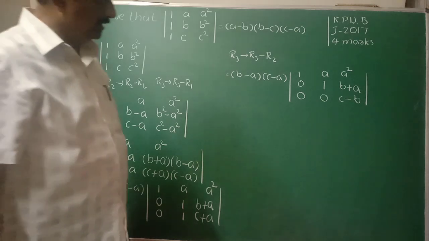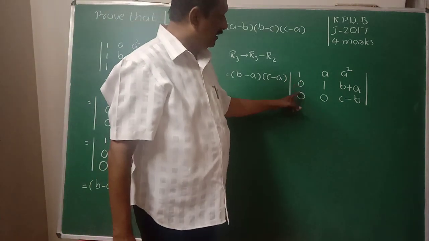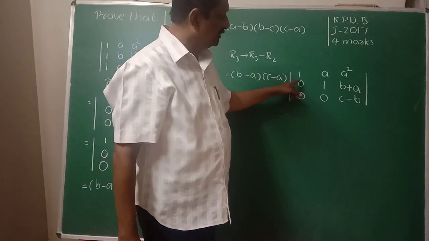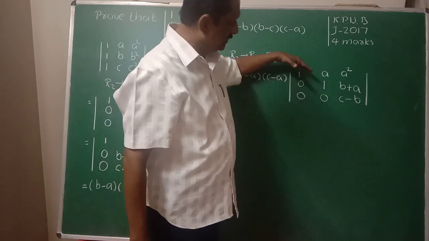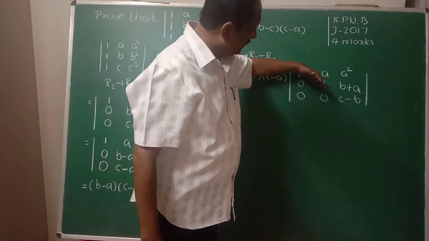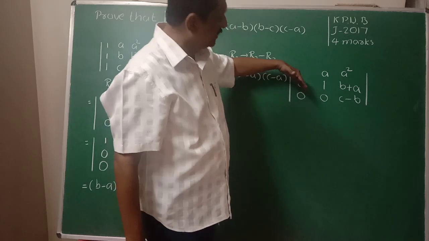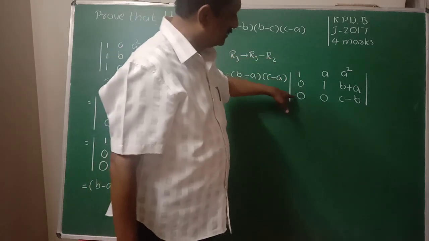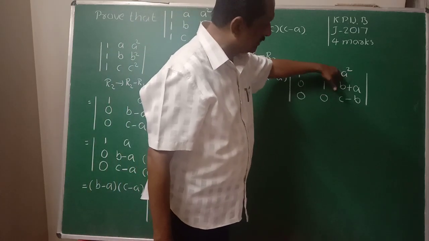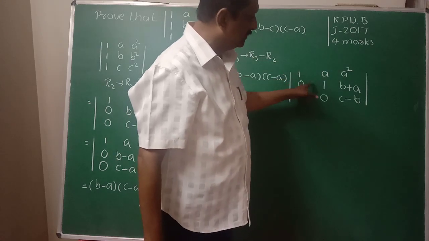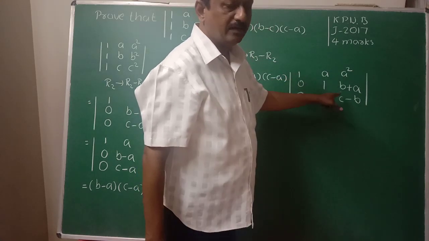So there is a property here. If the elements on one side of the diagonal are 0, then the value of the determinant is the product of the diagonal elements.